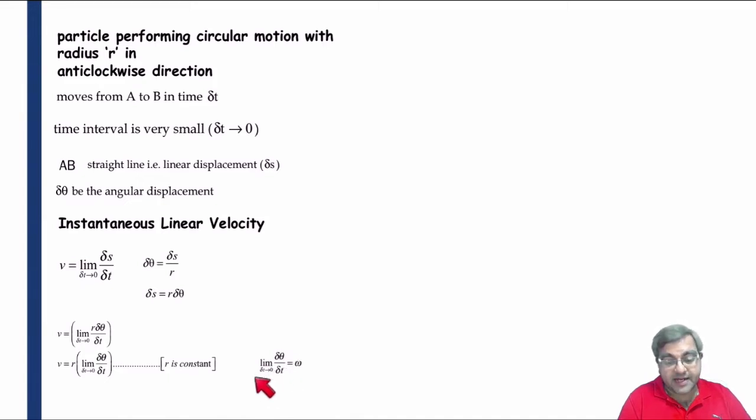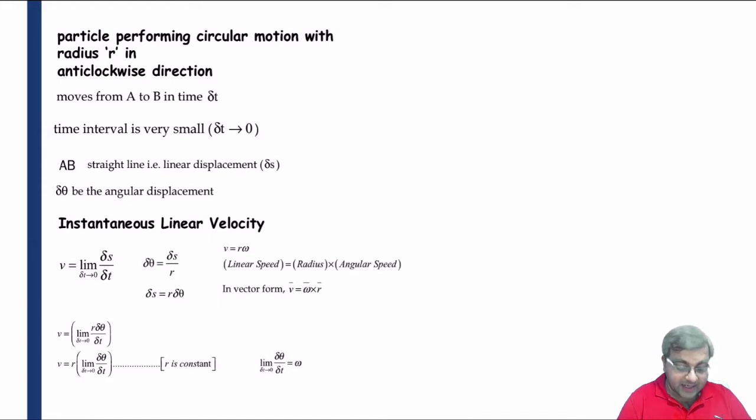Therefore, limit delta t tends to 0, delta theta by delta t is omega. So instead of this entire bracket, I can use omega, which is the instantaneous angular velocity. When you substitute this, I get the result v is equal to r omega.